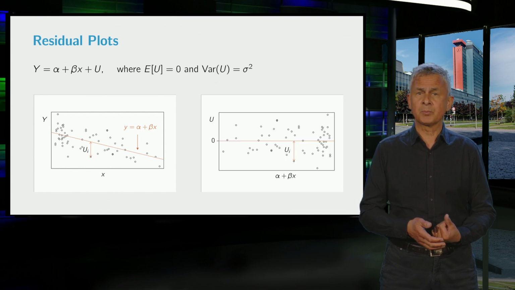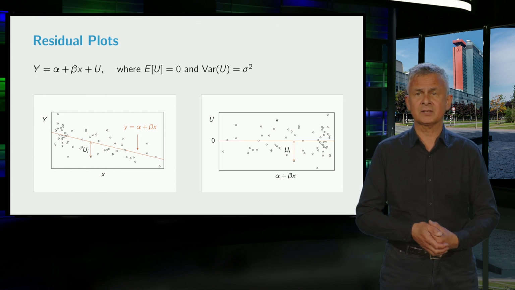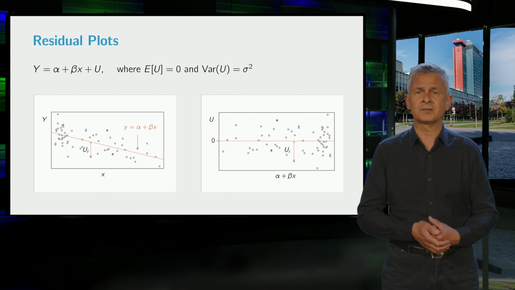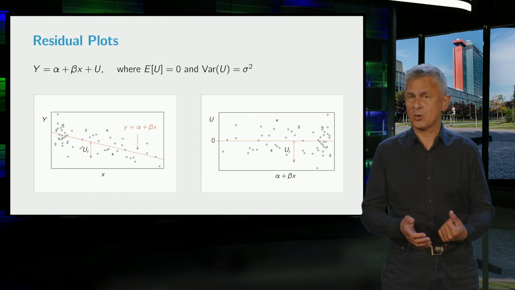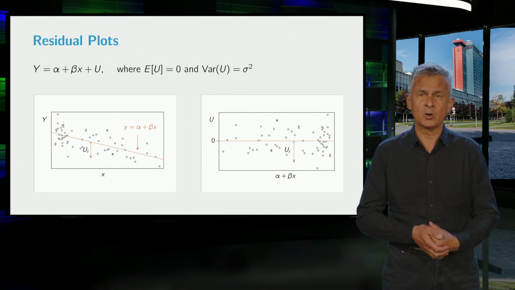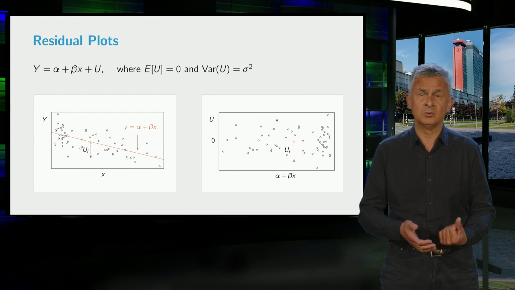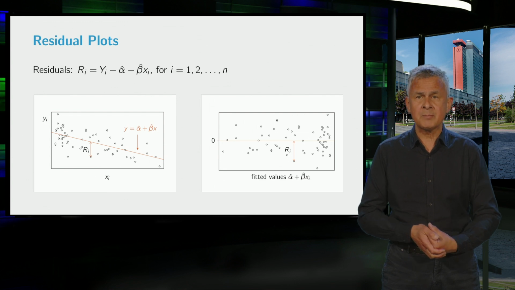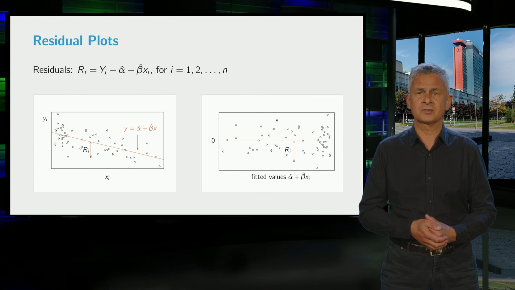This means that if we plot the values alpha plus beta times x on the horizontal axis against the measurement error on the vertical axis, we should find points evenly scattered around zero in vertical direction. Now, of course, we cannot do this since we do not know the true alpha and beta and we do not observe the measurement errors. However, we can mimic this graph by plotting the fitted values on the horizontal axis against the residuals on the vertical axis.